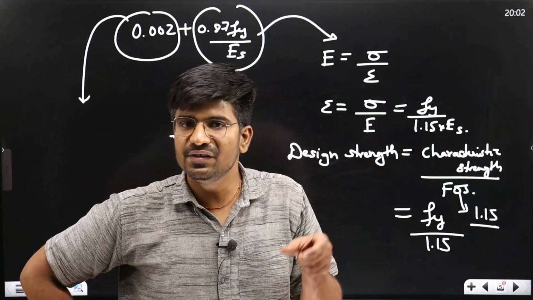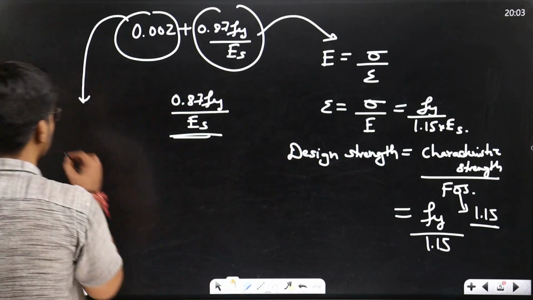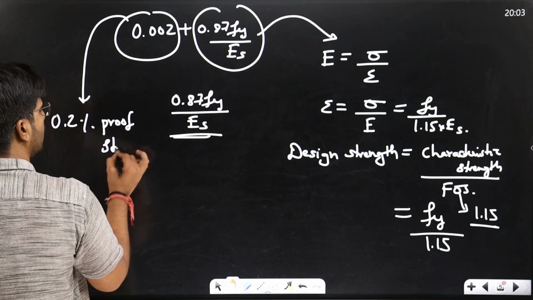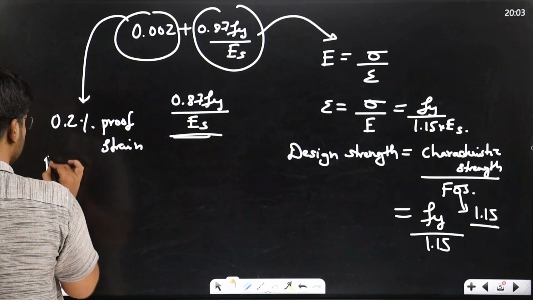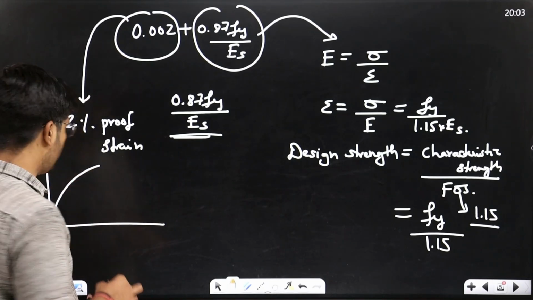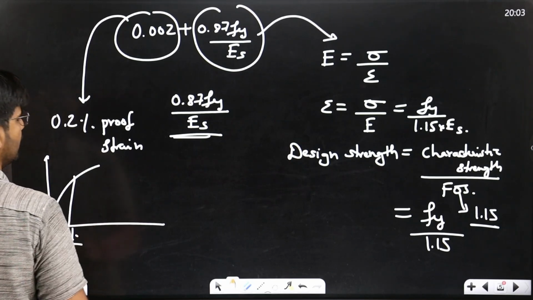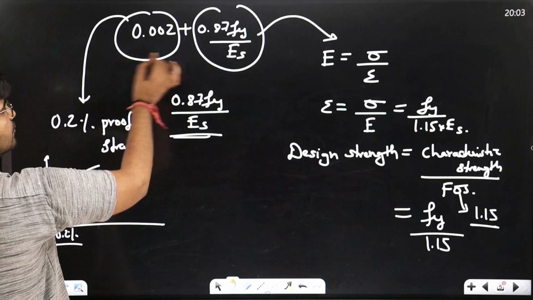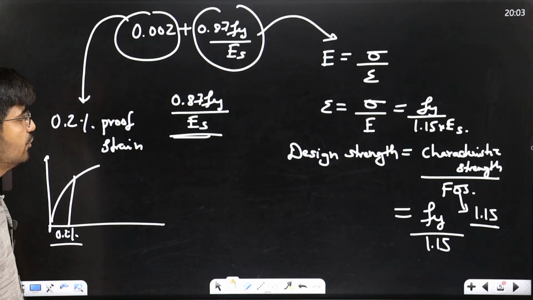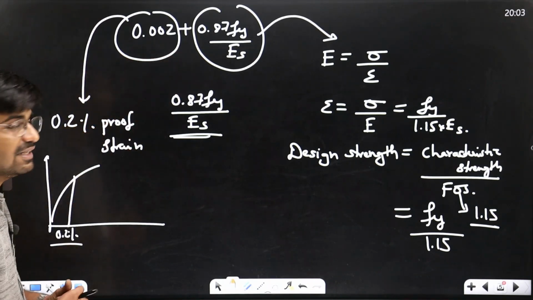So to get a specific yield point, you draw a tangent at 0.2% proof strain. From there you got this value 0.002. This is how you got 0.002 plus 0.87 Fy upon Es.